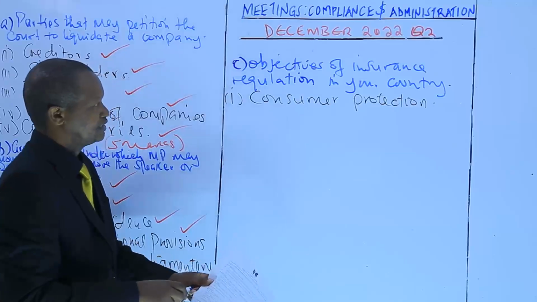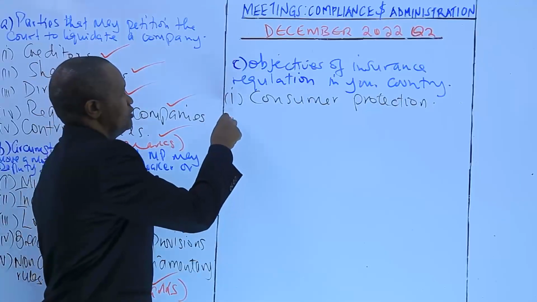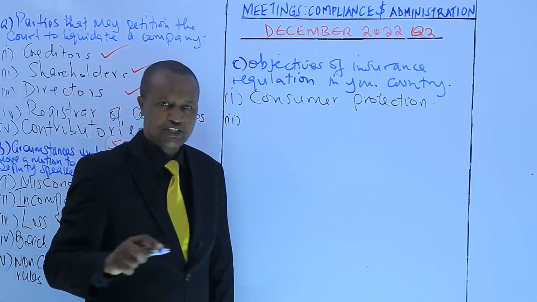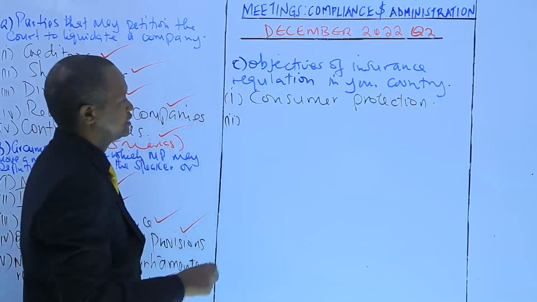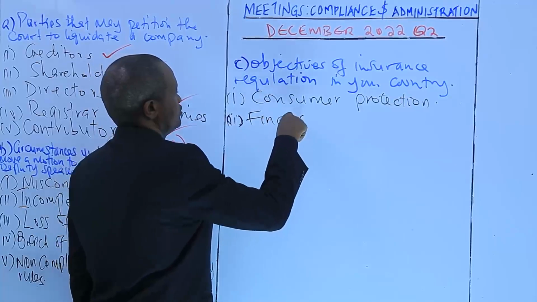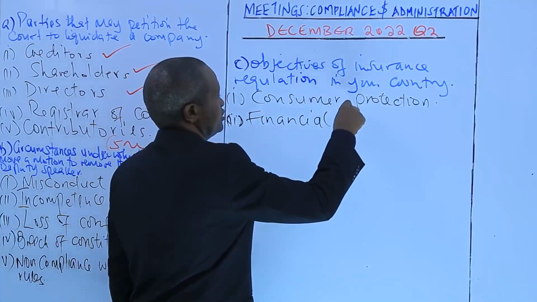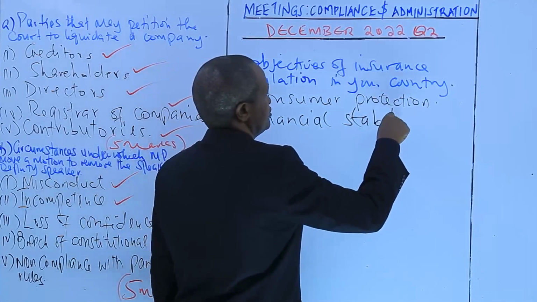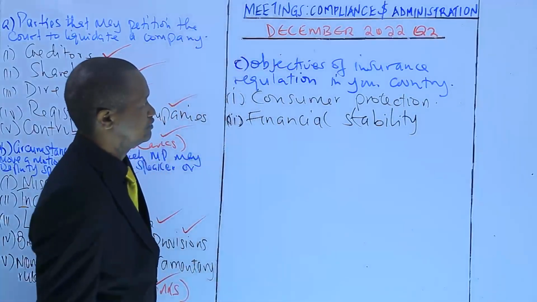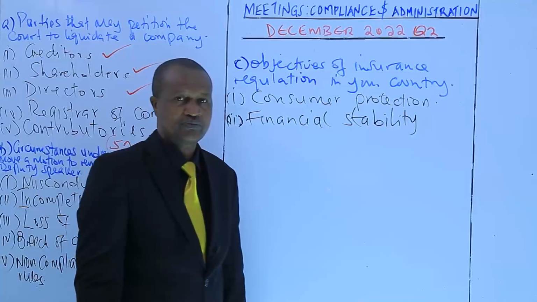Now, the second objective of insurance regulation is financial stability. That's yet another objective of insurance regulation.